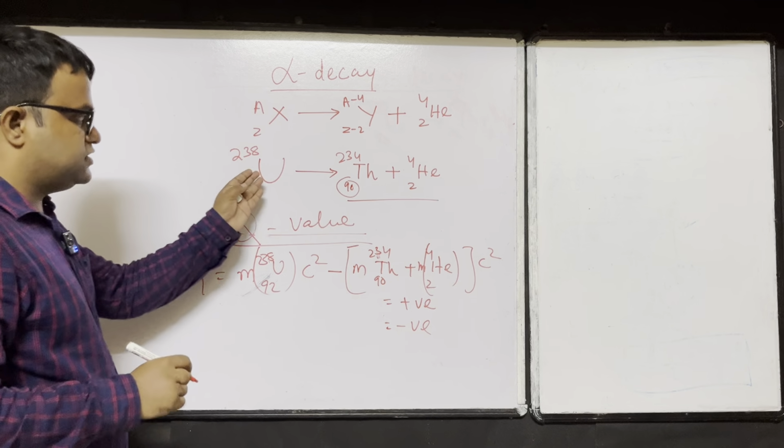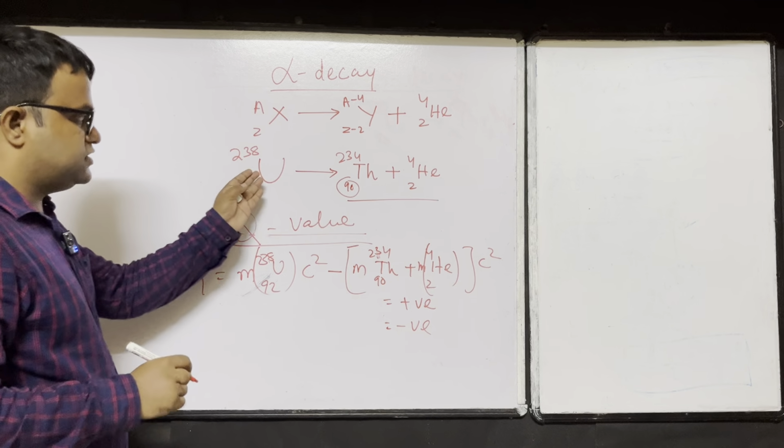So its mass is this one, and the mass of hydrogen 1 is 1.00783 U. The mass of protactinium Pa 91 237 is 237.05121 U, right? So all the masses I have given.